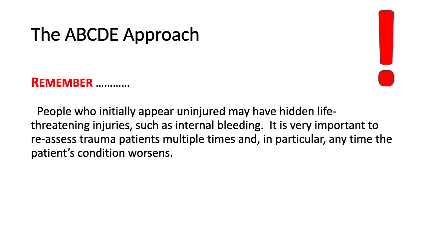Also, the problem with breathing and airway can escalate over time. People who initially appear uninjured may have hidden life-threatening injuries such as internal bleeding. It is very important to reassess the trauma patient multiple times, and particularly anytime the patient's condition worsens.